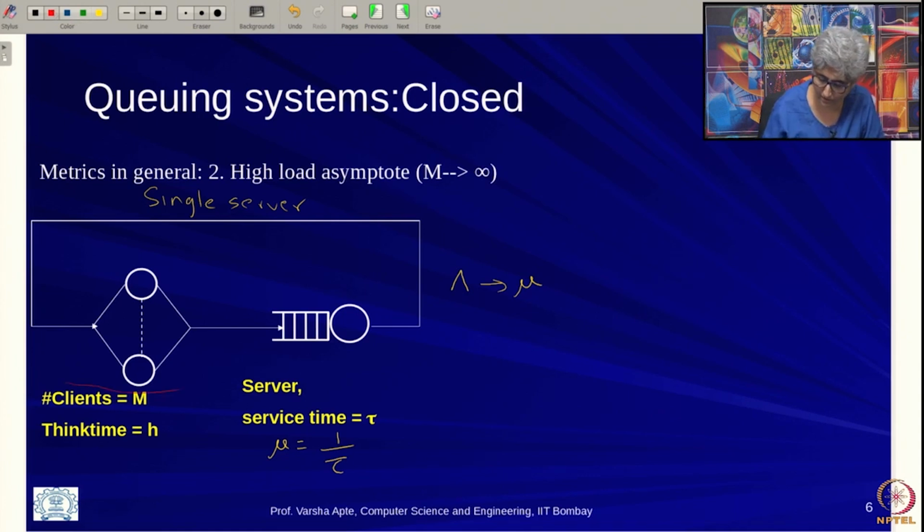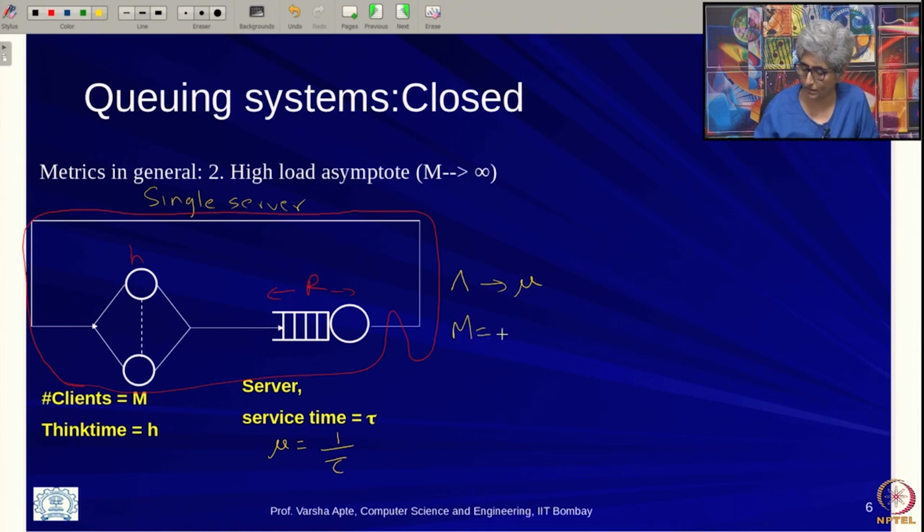Okay, let me draw that region again. Okay, and this is R and this is H. So, the basic formula that m is equal to throughput multiplied by (R plus H) always applies, but in low loads and high loads some of these symbols get specific values in terms of the parameters.